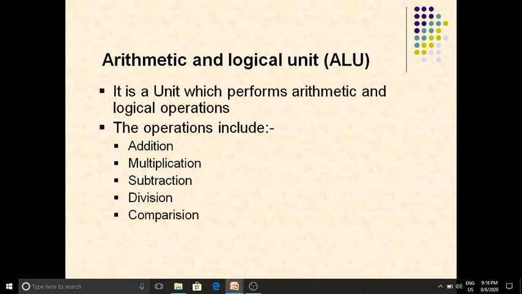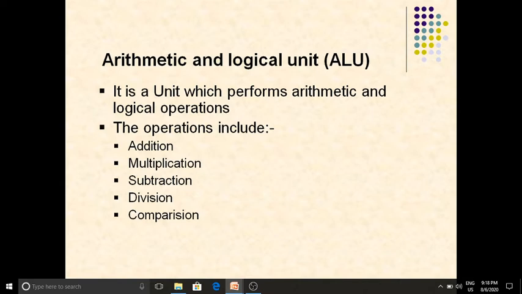So what is the arithmetic and logical unit? It is a unit which performs arithmetical and logical operations. What are the arithmetic and logical operations? That is addition, subtraction, multiplication, division. Logical operations are NOT, OR, AND, NOR.